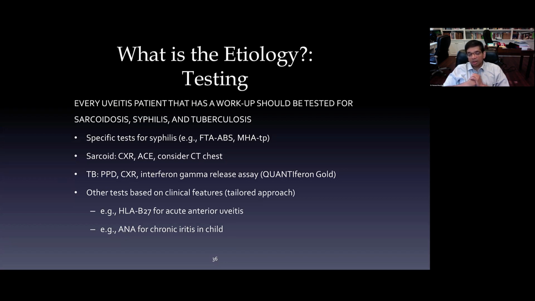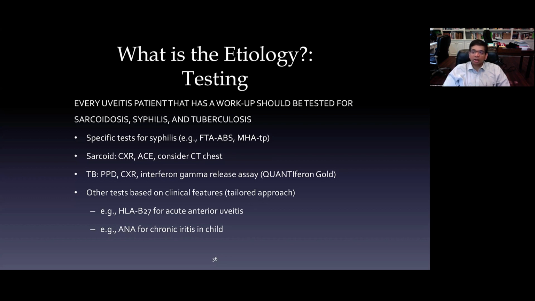Many patients in our country may have extrapulmonary TB as well. So a thorough review of systems can be helpful in delineating that if they have a positive QuantiFERON and PPD and they still have ocular inflammatory disease. Other tests are tailored based on the clinical appearance, as I mentioned.